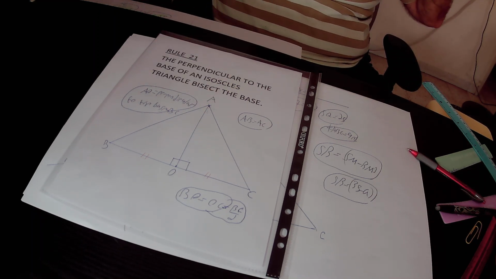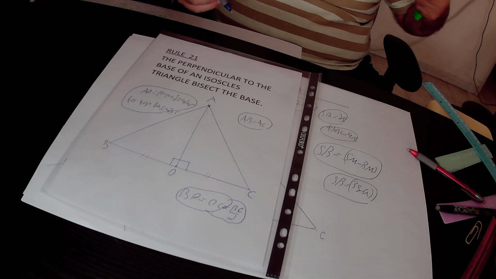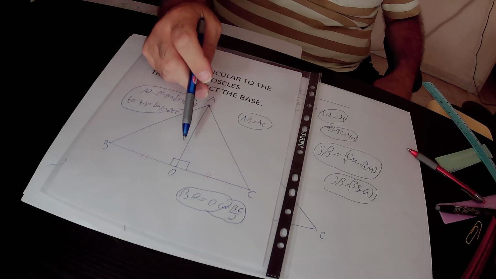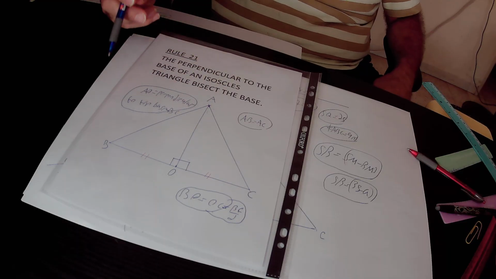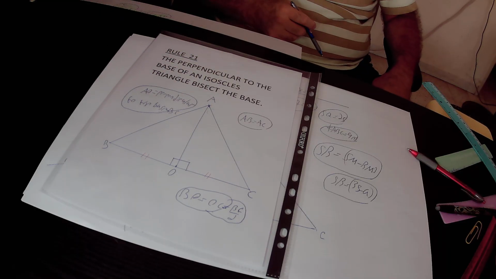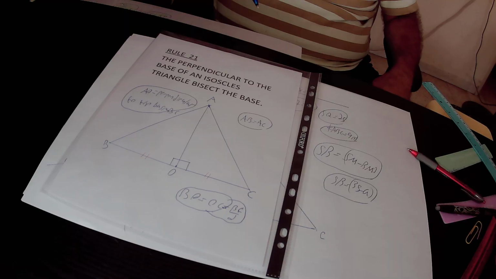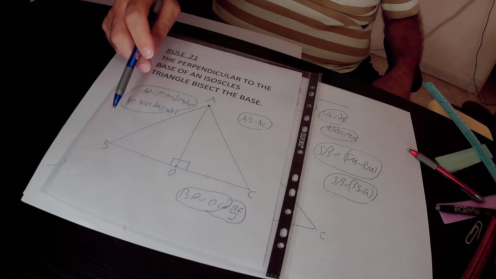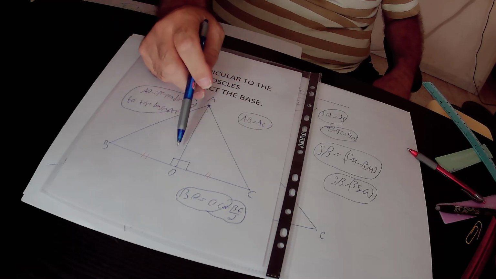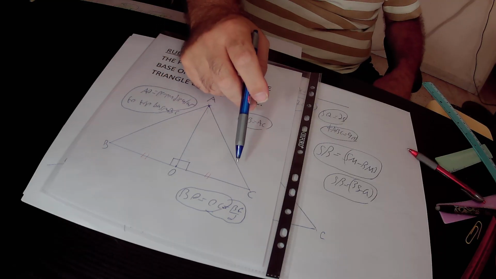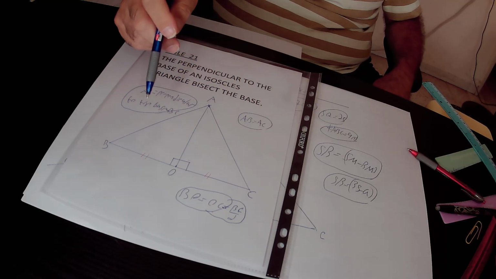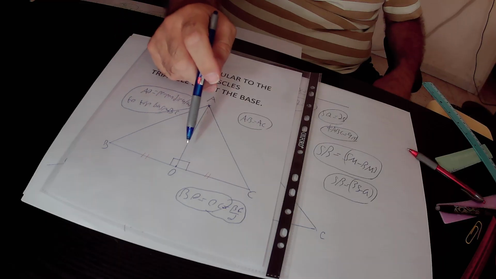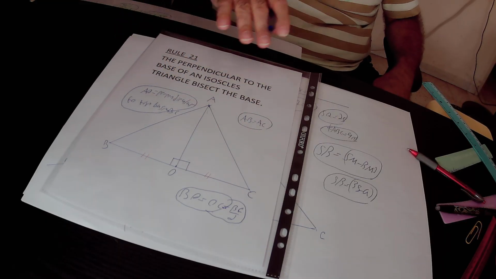So according to rule 21, AO is not only perpendicular to the base, but it also bisects the base BC. So the first half BO is BC over 2, the second half OC is also BC over 2.